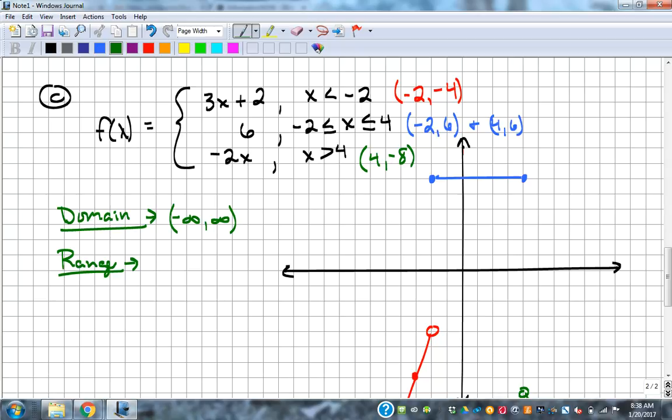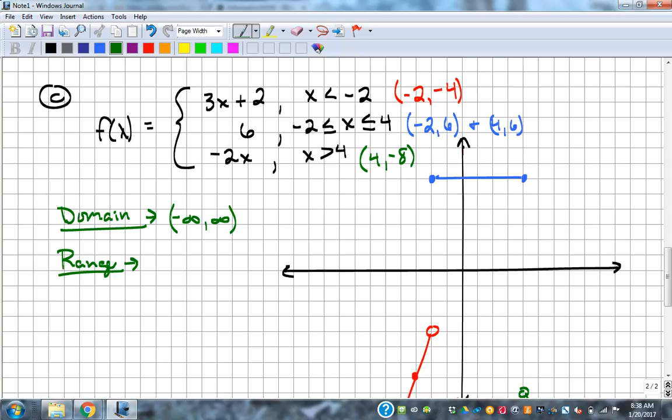Okay. The range. Now this is where the graph really is helpful for the range. Look at what y values might be left out. All right, so start right here. That's a negative 4, right? It's an empty circle, so it's left out. And then, is there any graph in this area? No. So from negative 4 up to 6, is 6 left out?